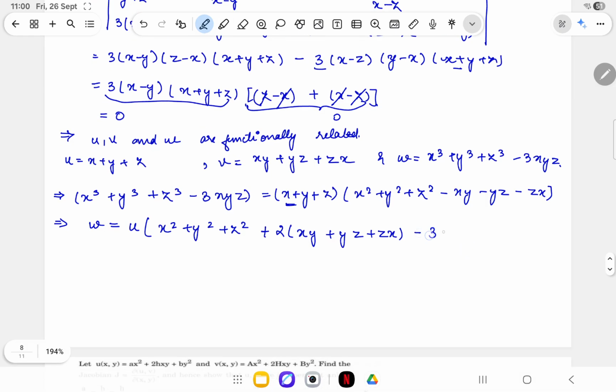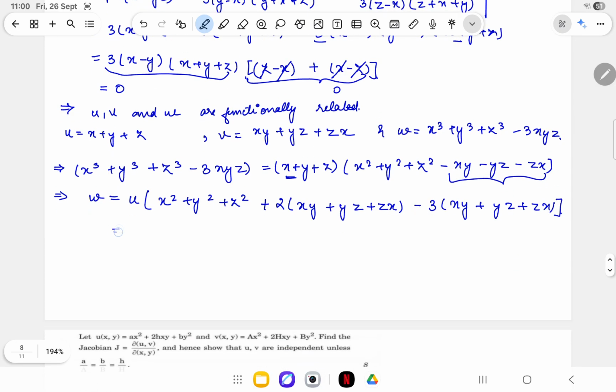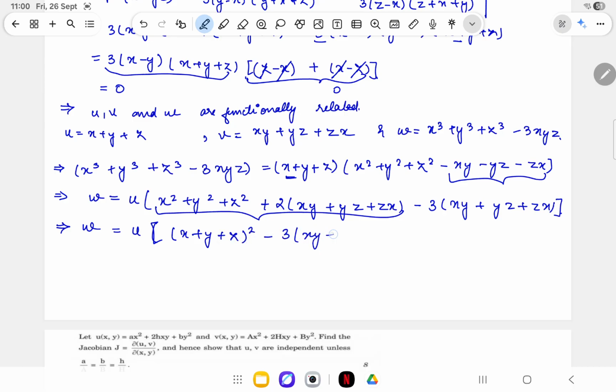So it will become 3 times xy plus yz plus zx. So w is equal to u into, now we can club these two terms to form, x plus y plus z whole square minus 3 times xy plus yz plus zx.